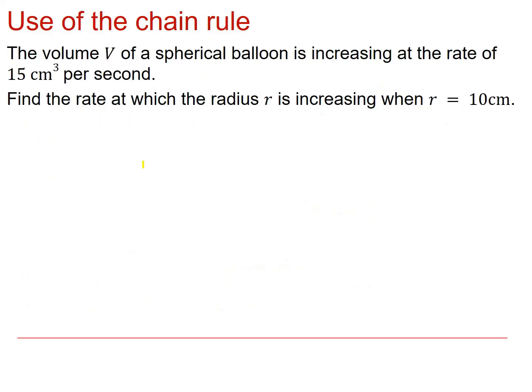Sometimes, when we're looking at rates of change, we want to look at related rates of change. And to do so, we use the chain rule. Look at this example. We've got the volume V of a spherical balloon, and it's increasing at the rate of 15 centimeters cubed per second. And I want the rate at which r is increasing when r equals 10.